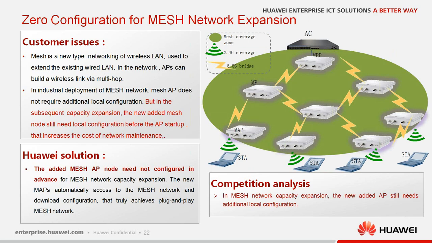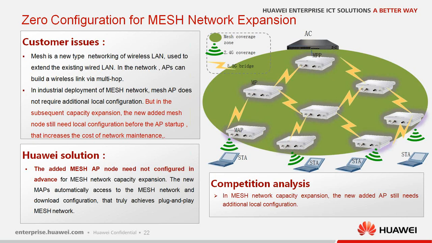Here we show some of our zero touch or zero configuration, which is for our mesh network. As you know, in the mesh there are multiple access points that connect to a so-called master node, and the master node is connected to the access controller. In Huawei's mesh network, when you add a new mesh node, it does not need to be configured.